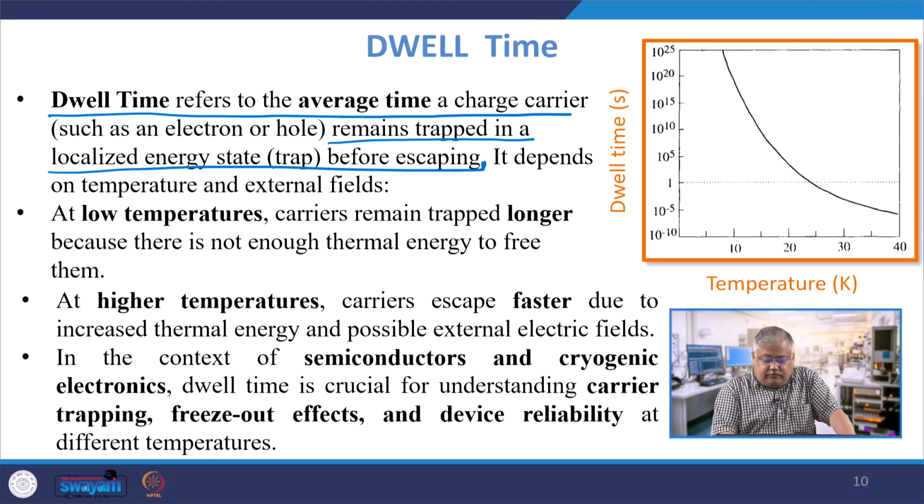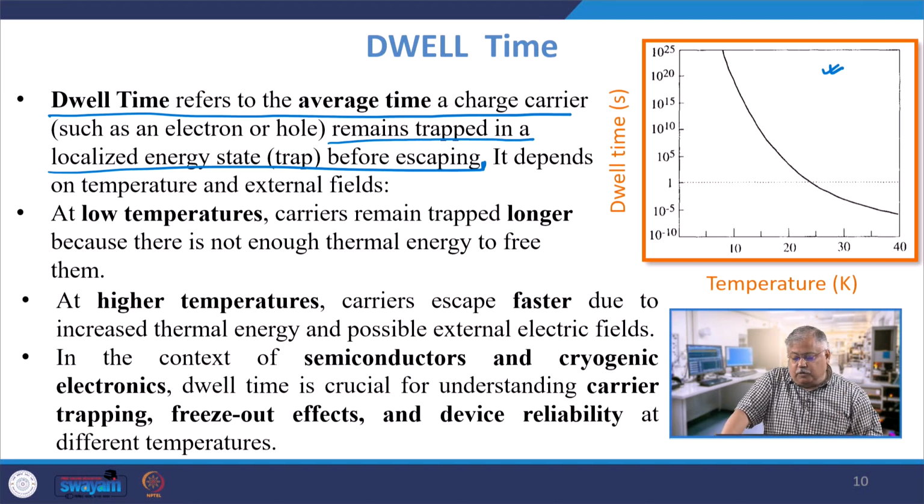If you plot dwell time versus temperature, shown on the right hand side here, you see that at high and even moderate temperatures, the average dwell time becomes very small.